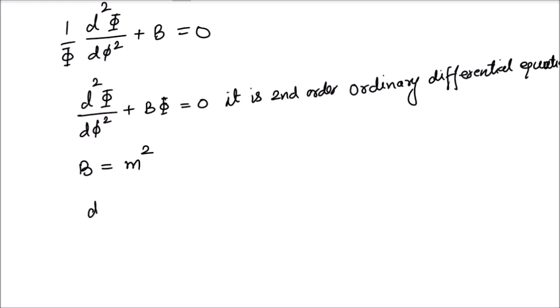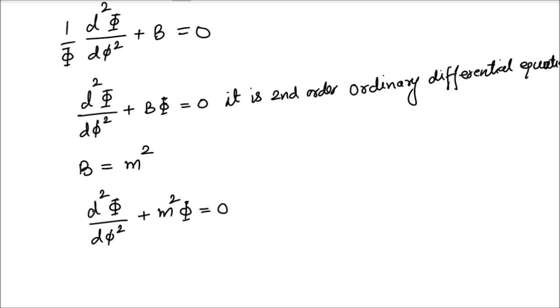So it is d square, the second partial differential with respect to phi of function of phi, plus m square equal to 0. And this angle phi is the azimuth angle. And m is an integer number.